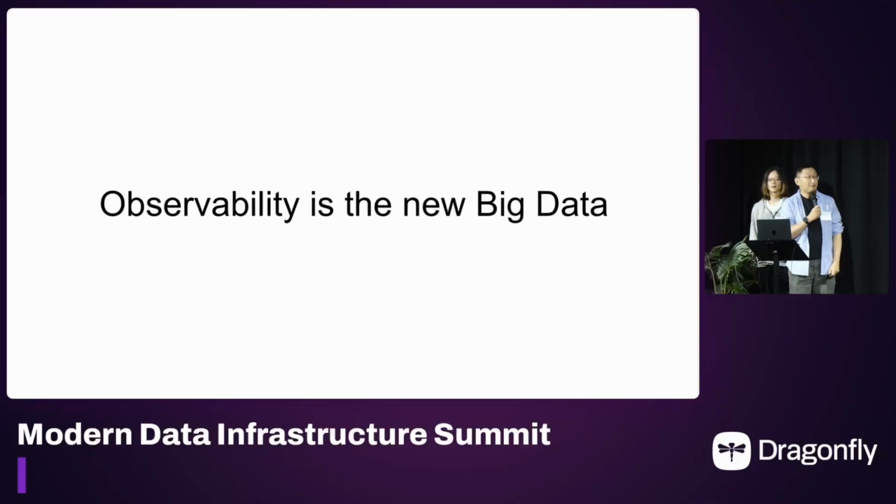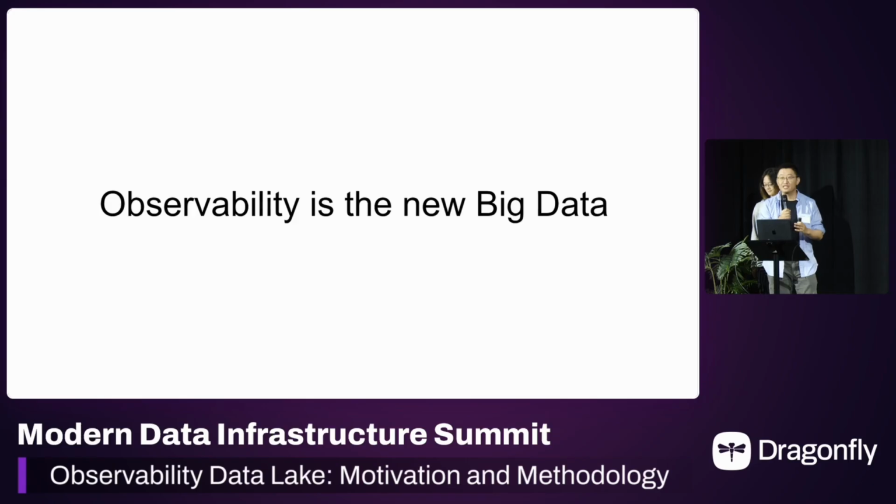You can find us. So observability is the new big data. Observability is the big data for DevOps. We have been extracting all types of information using observability tools: the application state, the resource consumption, and maybe even cost and minimal.